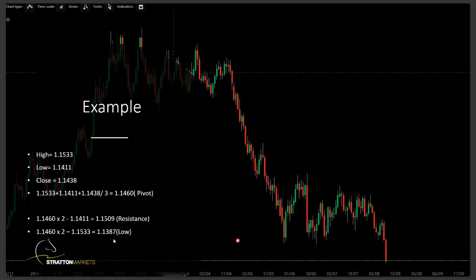If it falls below the pivot point, then that says that the trend of that asset is bearish. In the same way as we calculate the resistance and the support by timesing it by 2 and minusing the high or the low, that pivot point also acts as a resistance and a support.